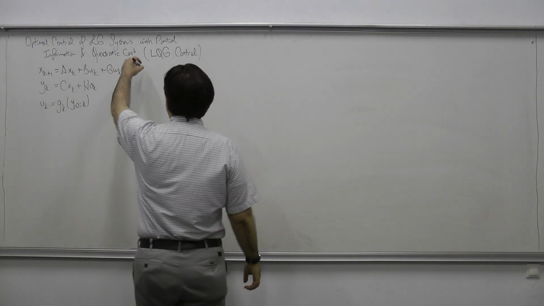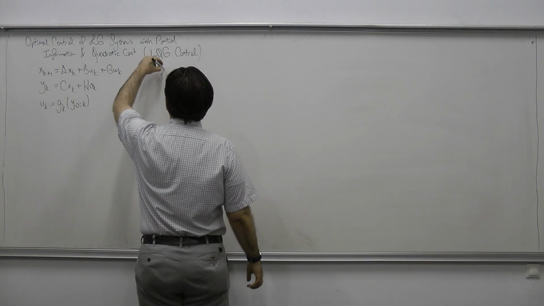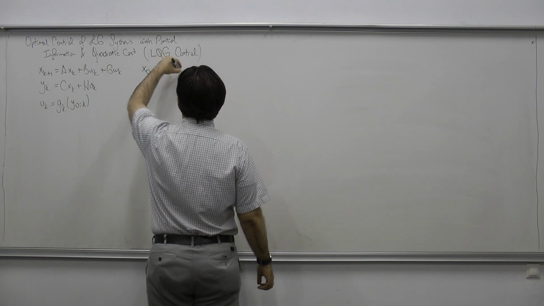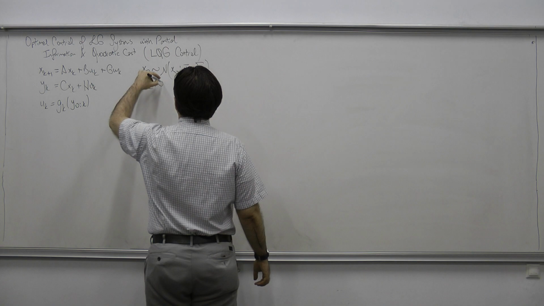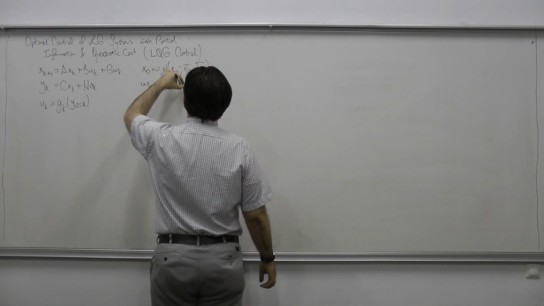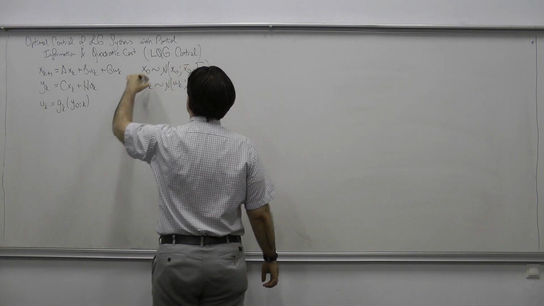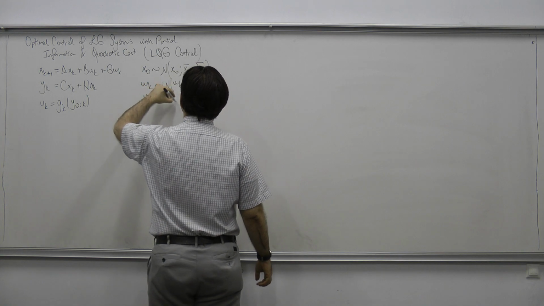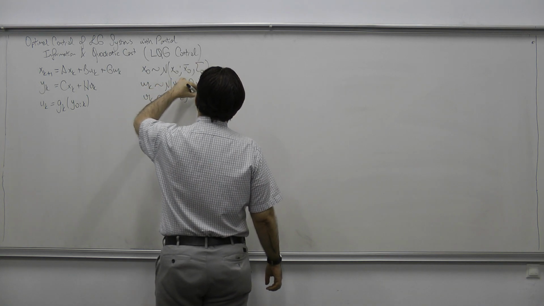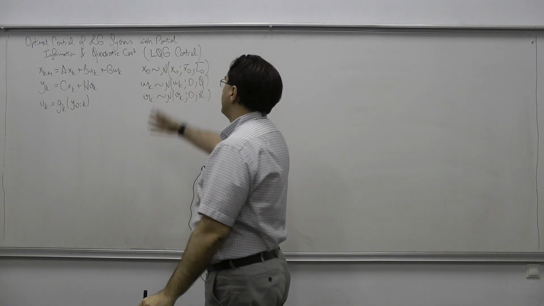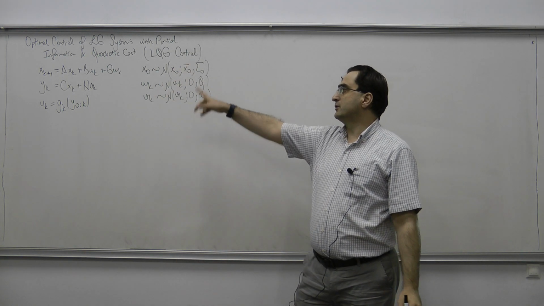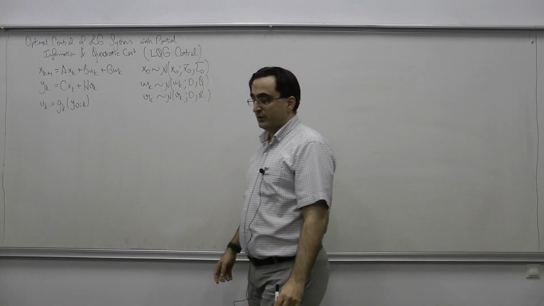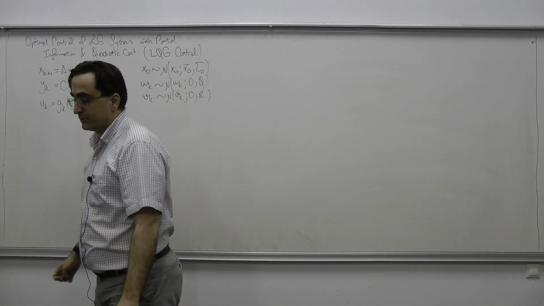And of course we have the classical initial state distribution, process noise distribution and measurement noise distribution. And of course I still have the independence assumption here: x0, the Wks and the Vks are independent.